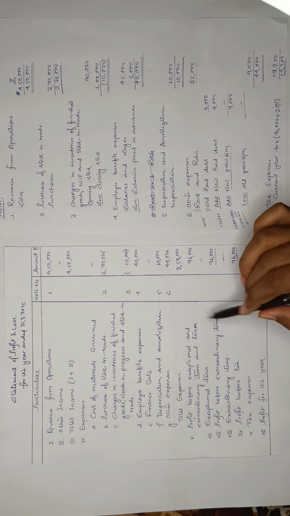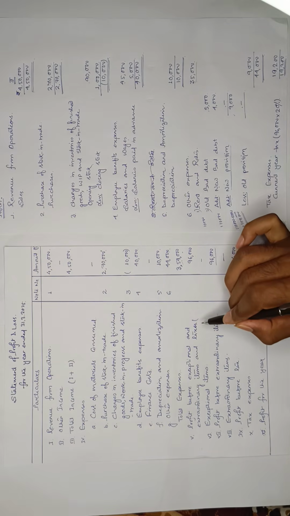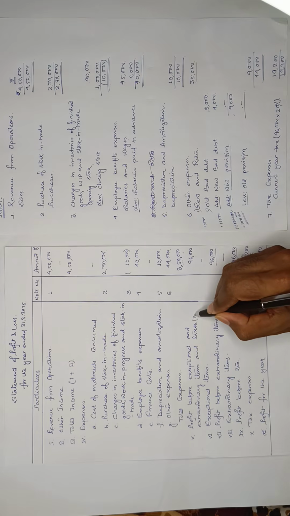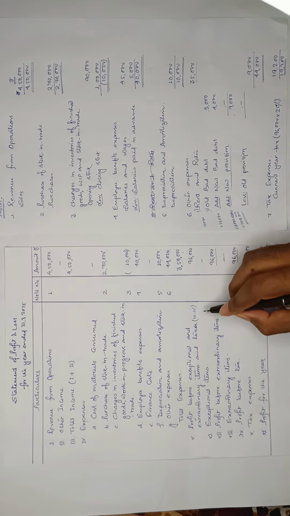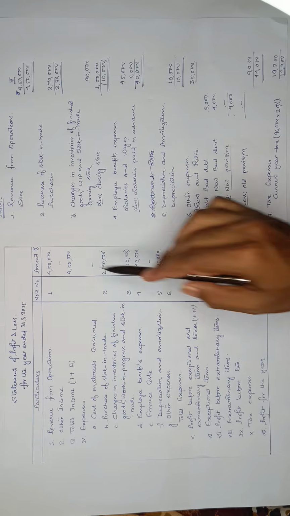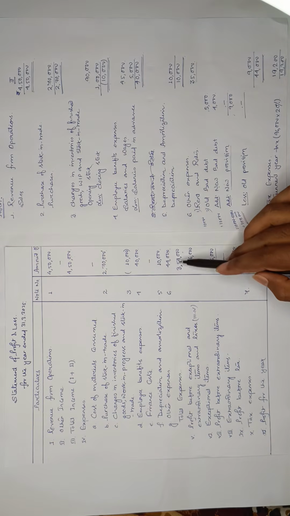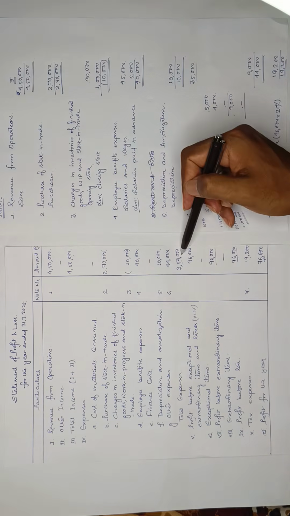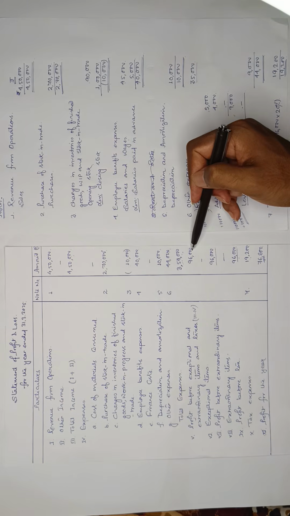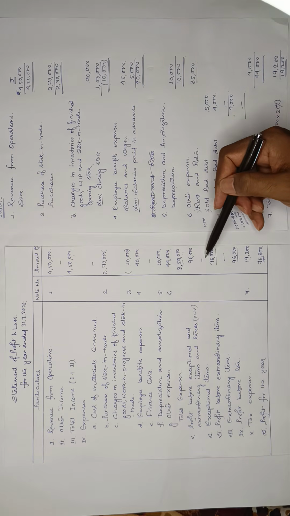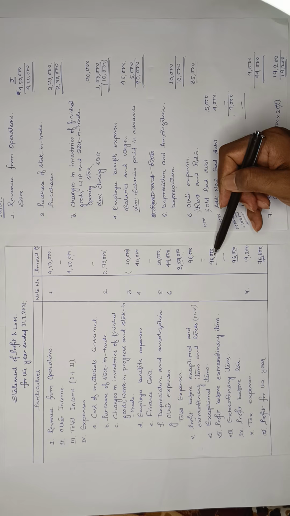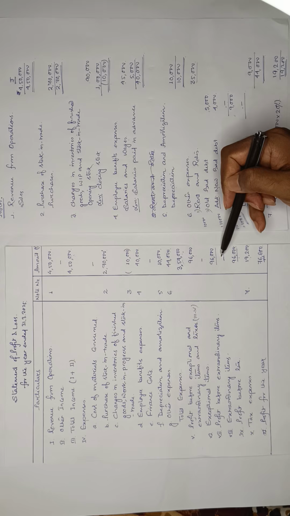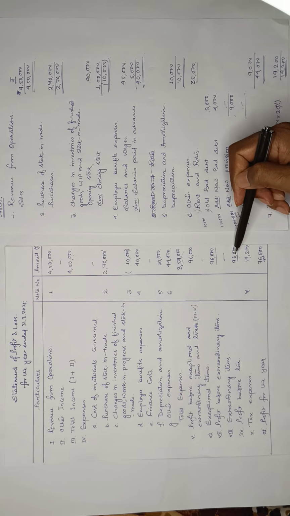You need to calculate it like this: 3 minus 4. 3 is my total income and 4 is my total expenses. So 4,50,000 minus 3,54,000 is 96,000. There are no exceptional items, so 96,000 is my profit before extraordinary items. There are no extraordinary items, so 96,000 is profit before tax.